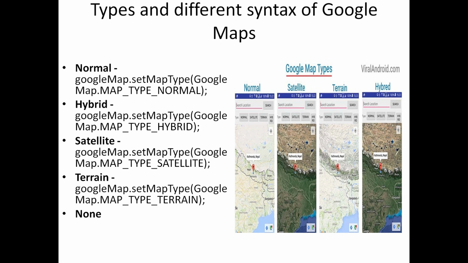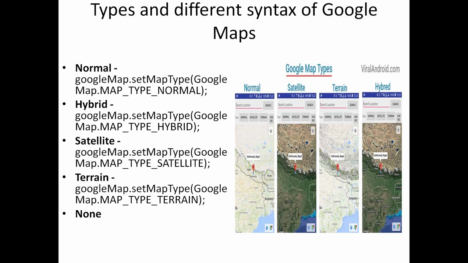And for the terrain type, we use MAP_TYPE_TERRAIN. On the right hand side we can see the different Google Map types: how normal is visualized, how satellite, how terrain, and how hybrid.